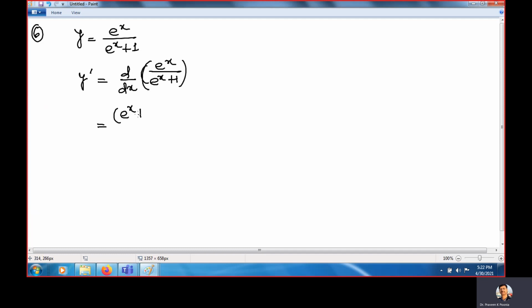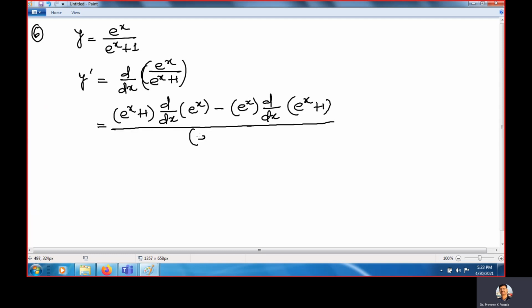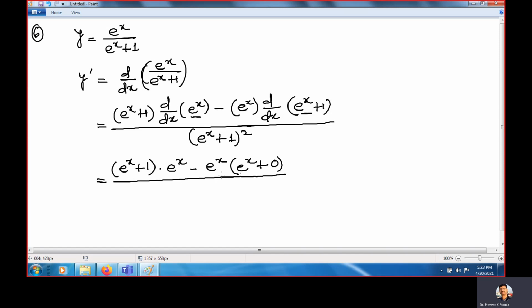So down function, derivative of up function, minus up function, derivative of down function, upon down function whole square is equal to e^x plus 1, derivative of e^x, it is same e^x, minus e^x. Now the derivative of e^x is e^x plus derivative of 1 is 0, upon e^x plus 1 whole square.